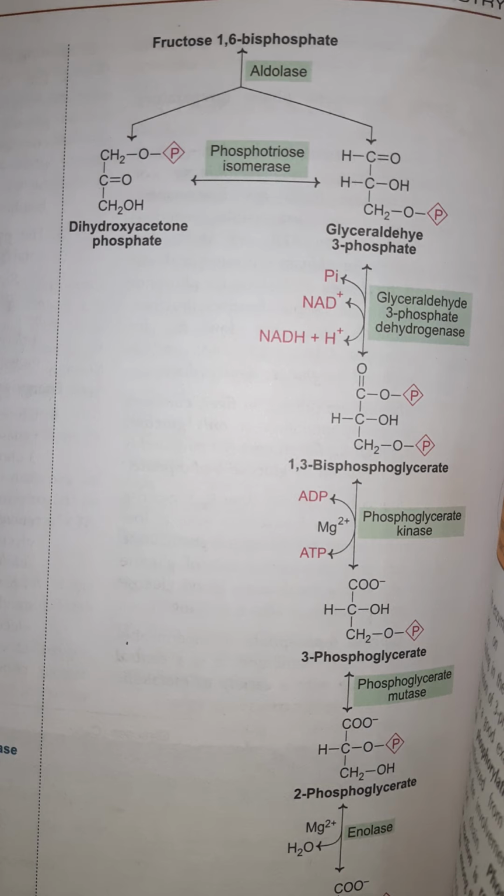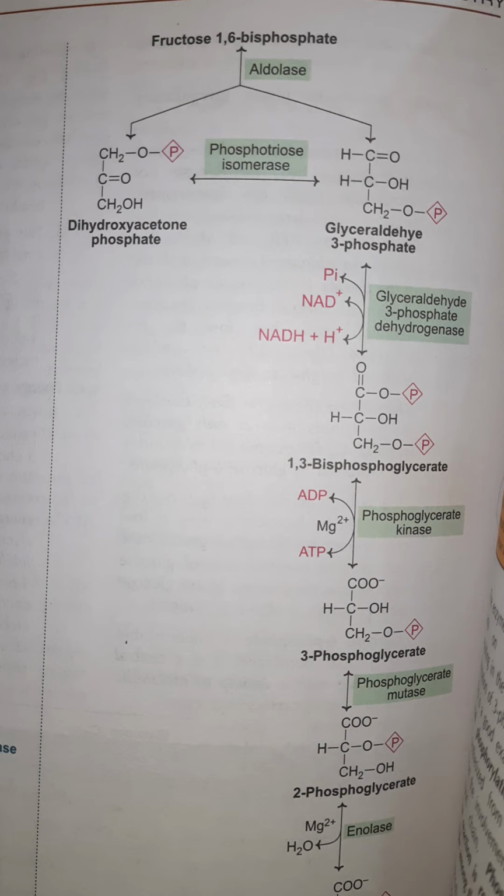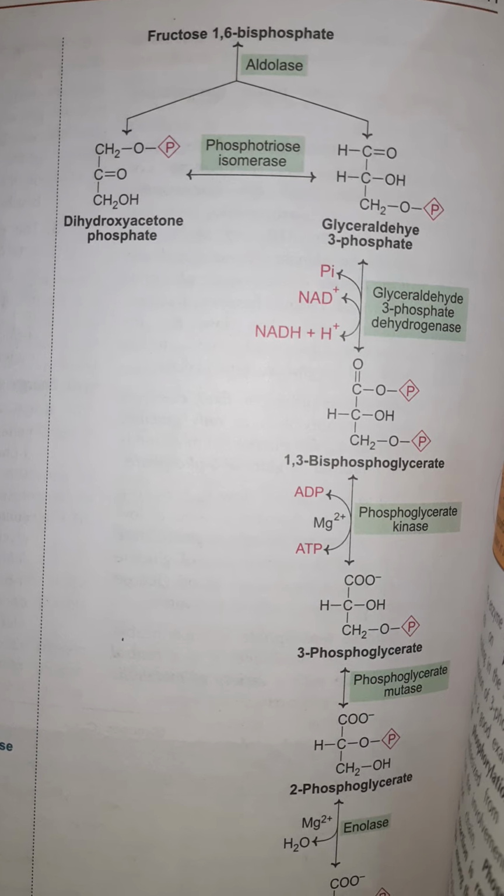In aerobic condition, this NADH passes through the electron transport chain and 6 ATP are synthesized by oxidative phosphorylation. So in this step, ATP is generated.